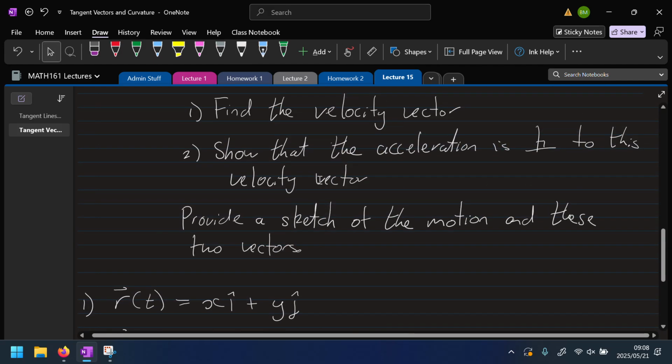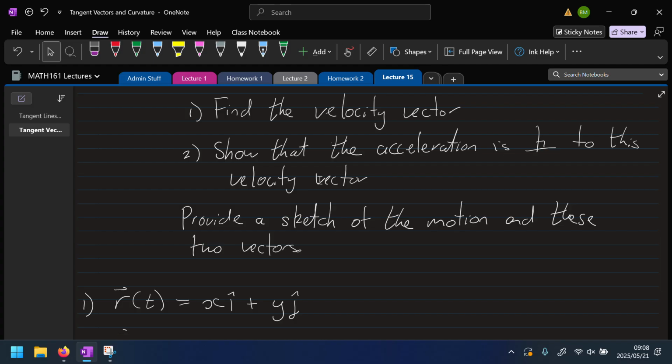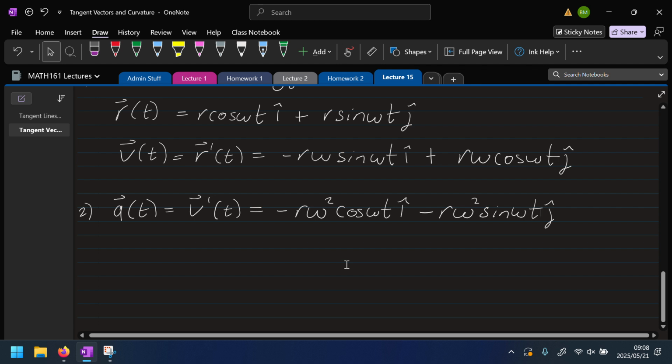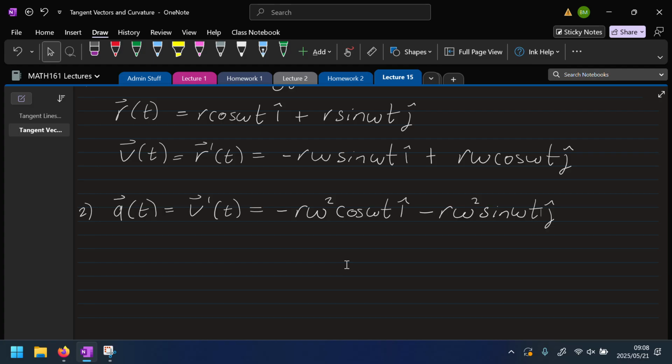Now, what we want to show is that the acceleration vector and the velocity vector are perpendicular to each other. So if I have 2 vectors and I want to show they're perpendicular, what do I need to do? Not the cross product. You could do that, yeah. That's one possibility.